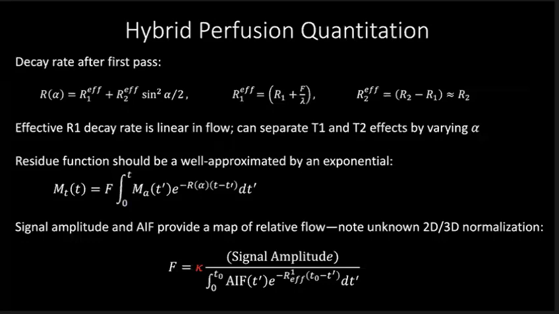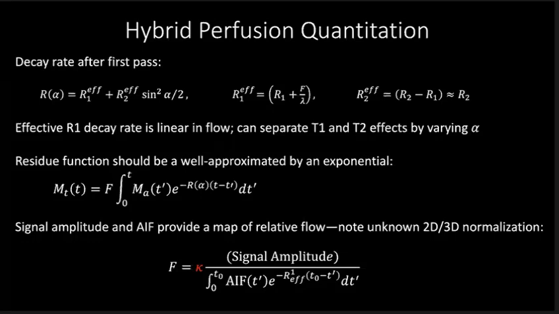All right, so basically you've got this R1 effective and R2 effective. R1 effective is the tip angle independent part, and you've got a tip angle dependent part. And so we're going to map this just by varying our tip angle. Now the residue function, that is to say the decay of the signal in tissue, should be well approximated by an exponential, and it's pretty easy to work out that in terms of your arterial magnetization and your tissue magnetization, you have some convolution with an exponential decay.